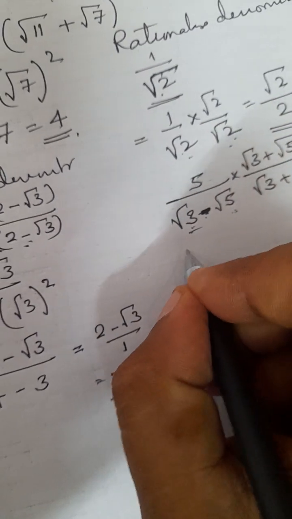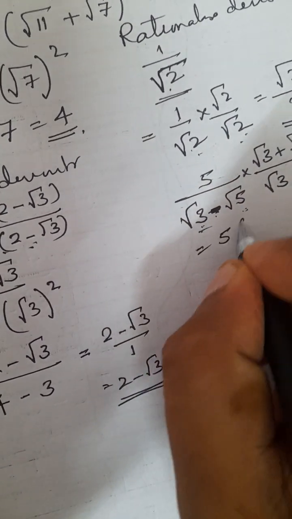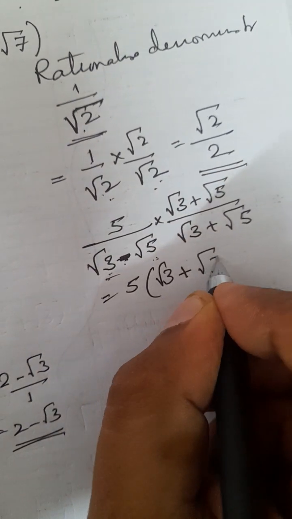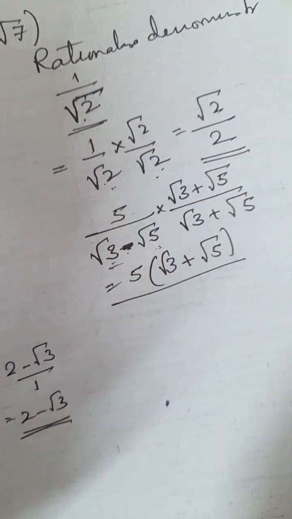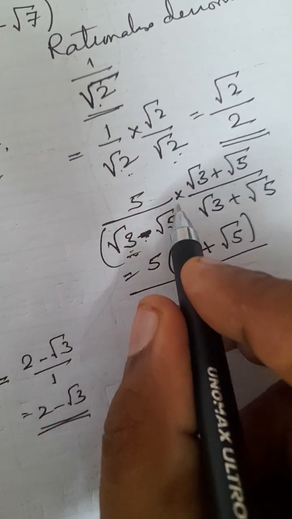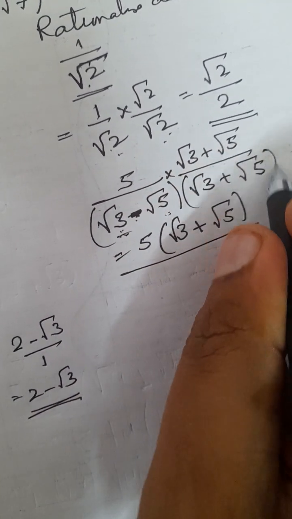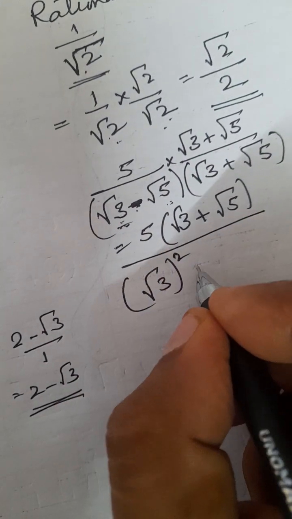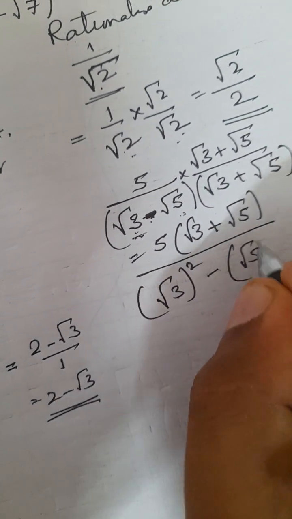So I'll keep 5 into root 3 plus root 5. And here you have a plus b, a minus b, so this is equal to root 3 whole square minus root 5 whole square.